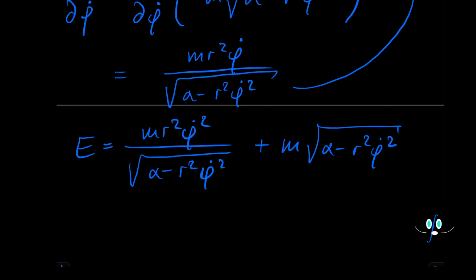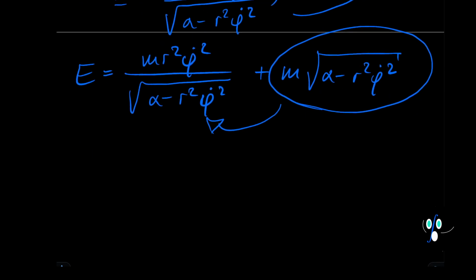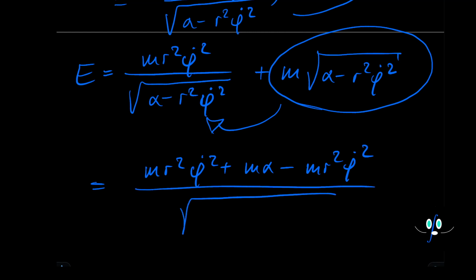And now we extend this part to a fraction with the same denominator as this part of the expression, so what we will get is m r squared phi dot squared plus m alpha minus m r squared phi dot squared, divided by the square root of alpha minus r squared phi dot squared.